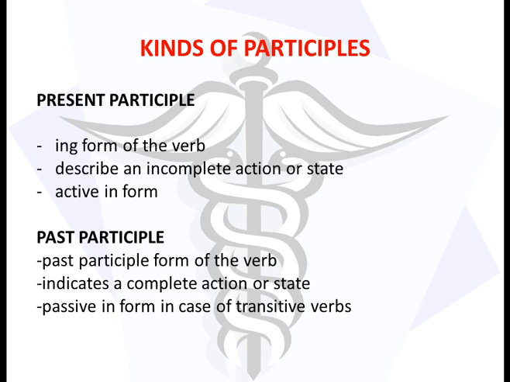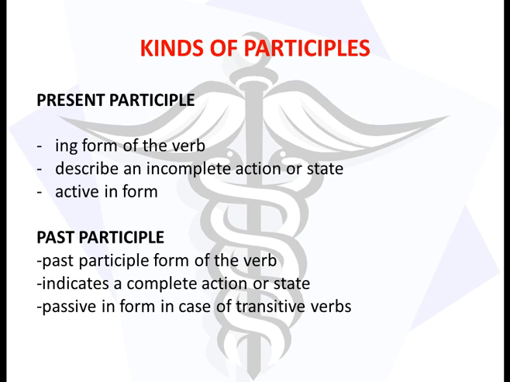When it ends with ed or en, it is called a past participle. For example, the wounded soldiers were taken home. The painted shop was inaugurated in the morning. The words dancing, baking, wounded are all participles.